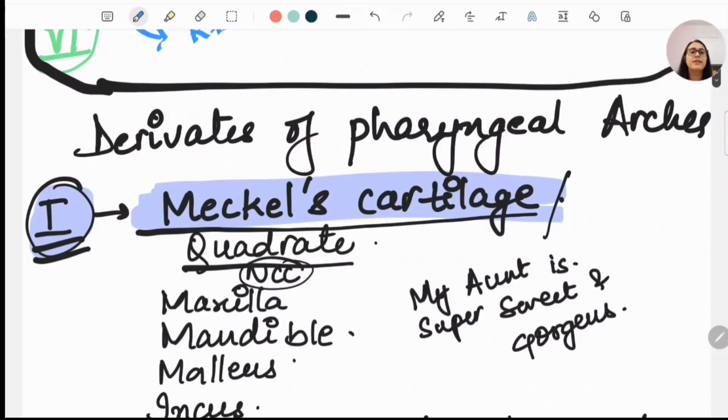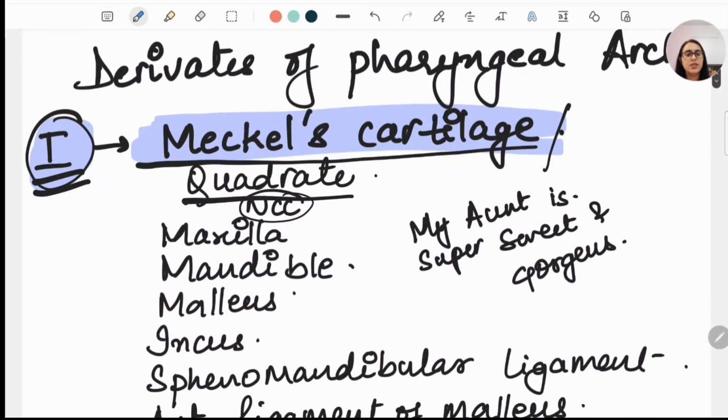So let's revise the derivatives of the first pharyngeal arch. You can remember it from the mnemonic: my aunt is super sweet and gorgeous. The first pharyngeal arch derivative is Meckel's cartilage, also known as quadrate. M is for Malleus. We talked about two ear ossicles being derivatives of the first pharyngeal arch, Malleus and Incus, while the stapes is a derivative of the second pharyngeal arch.